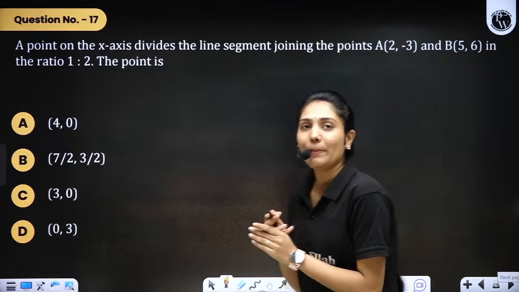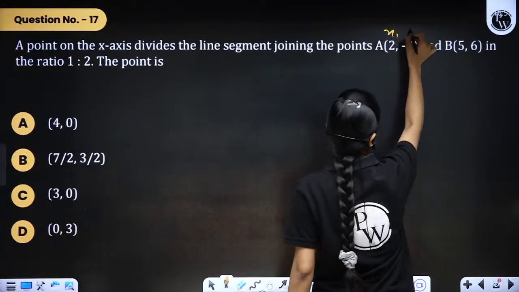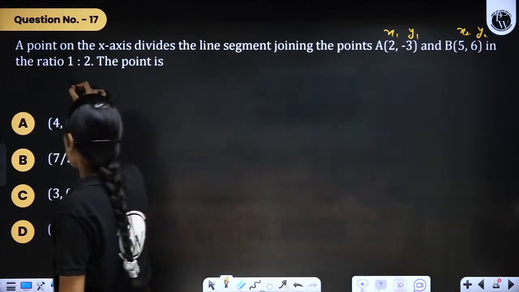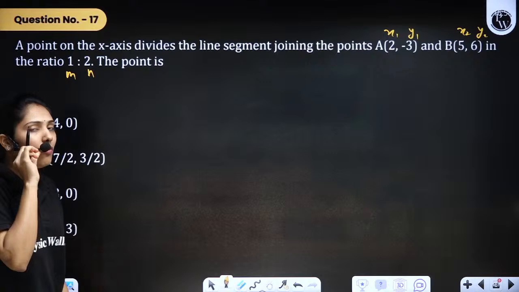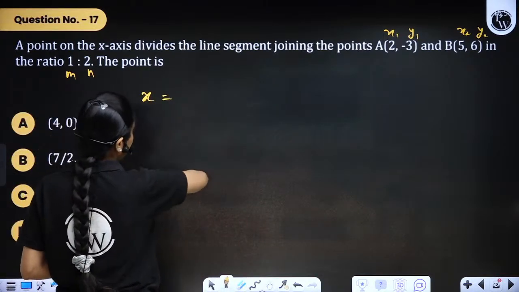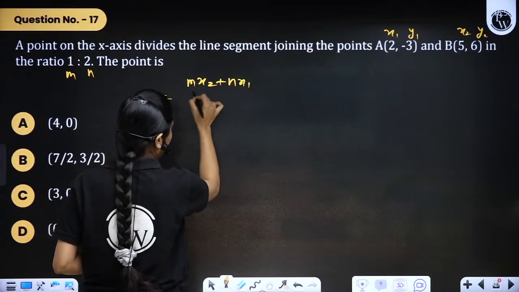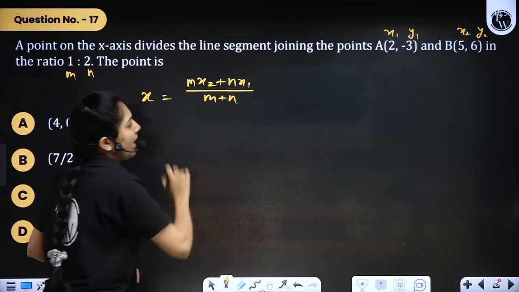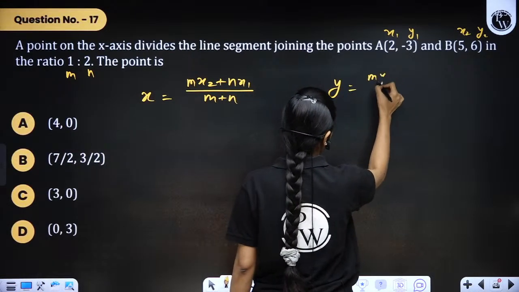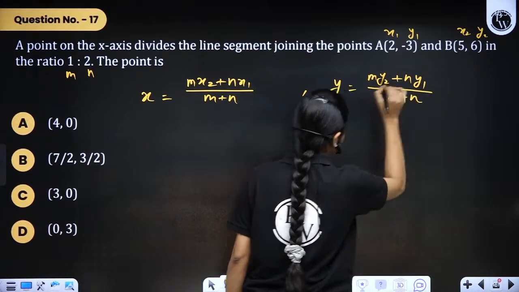How did we get it, beta? By using the section formula. Okay, we have the coordinates x1, y1, x2, y2, and we also have the ratio as m is to n. Now, what does this section formula say? The coordinate of x is given by (mx2 plus nx1) upon (m plus n), and the value of y is given by (my2 plus ny1) upon (m plus n).